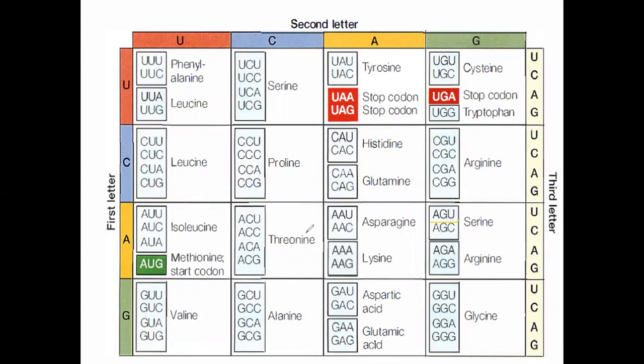Take for instance threonine, there are four sets of codons that code for it, which are these. The only one that has one codon, as you can see, is methionine, which is the start codon, and we also have three stop codons. Those are the exceptions. All the rest have more than one codon coding for one amino acid.